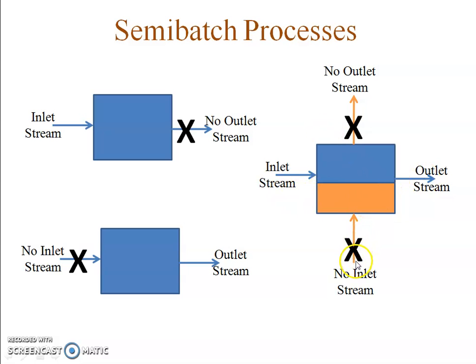So with respect to this component, it is acting as batch, and with respect to the other component, it is acting as continuous. All these types of processes come under semi-batch processes.